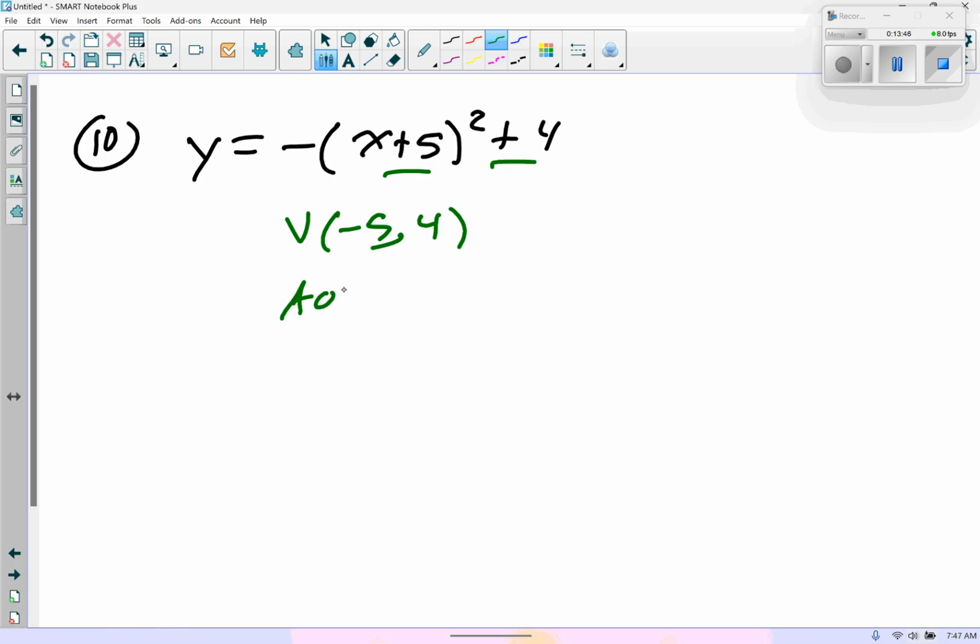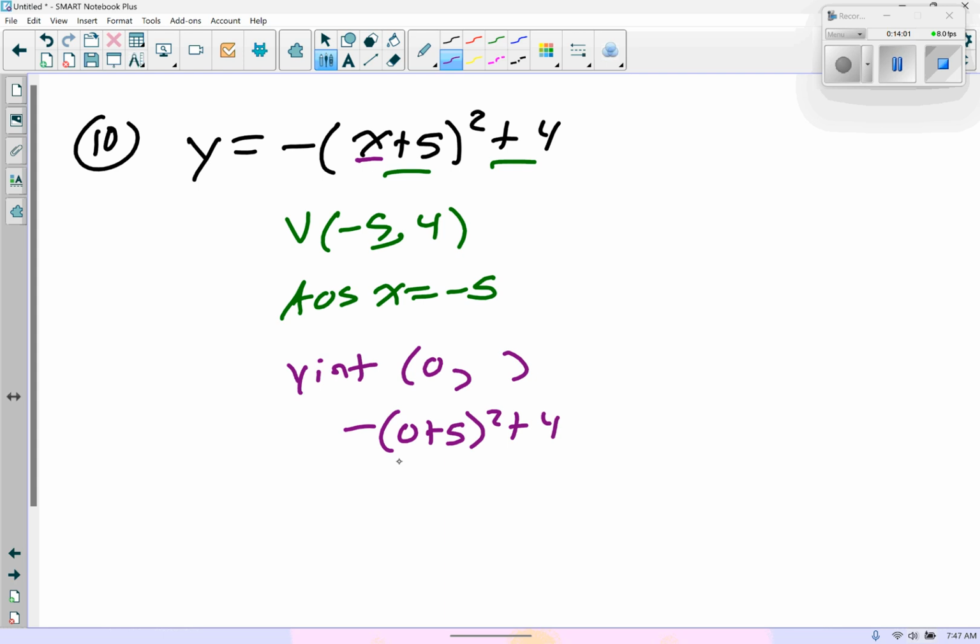My axis of symmetry is going to be x equals negative 5. Our y-intercept we can find by plugging 0 in for x. So I'm going to get negative (0 plus 5) squared plus 4, where 0 plus 5 is 5. 5 squared is 25 with a negative coming along with it. So that's negative 21.